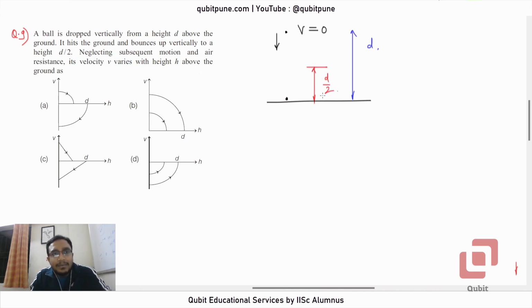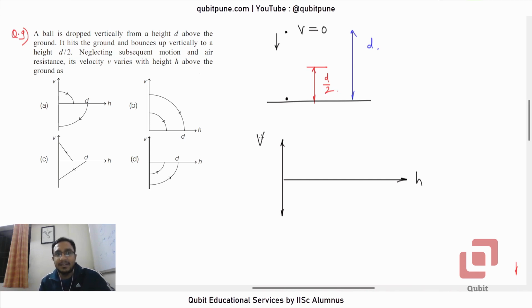Neglecting subsequent motion and air resistance, its velocity v varies with height h above the ground as... So we would now like to plot velocity against height. In this problem we are already given the convention.